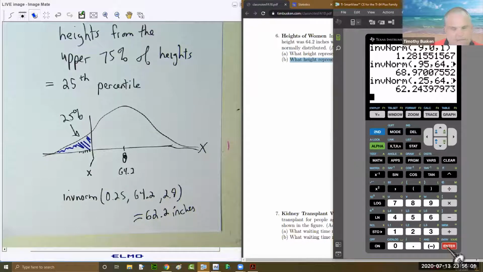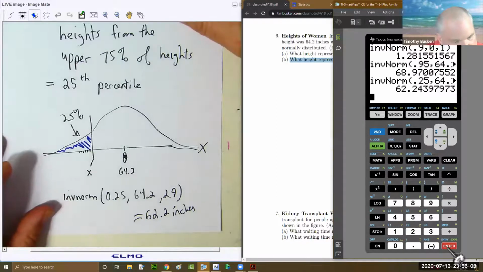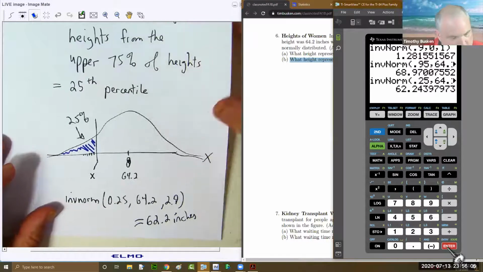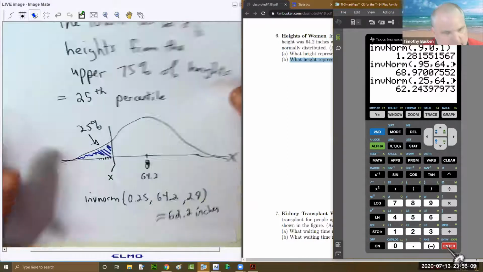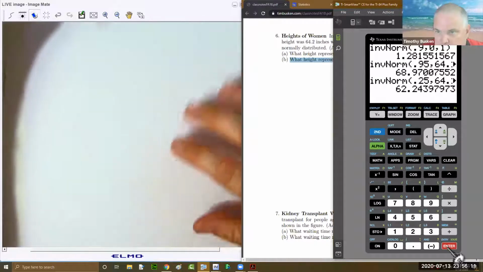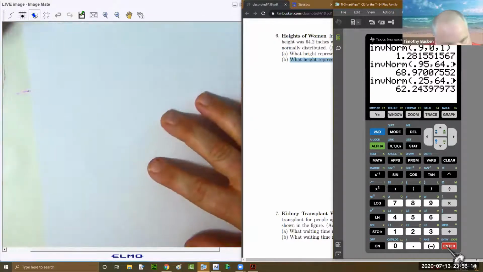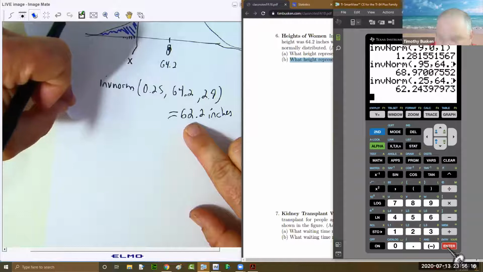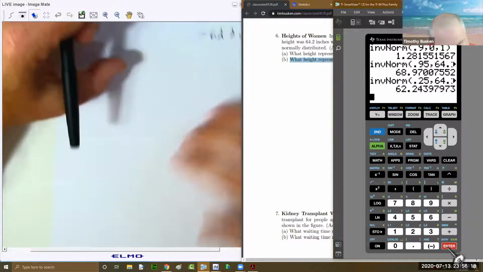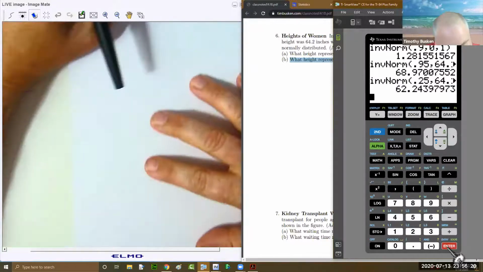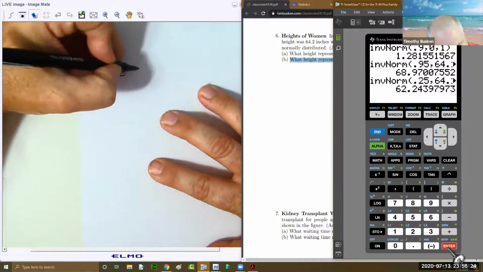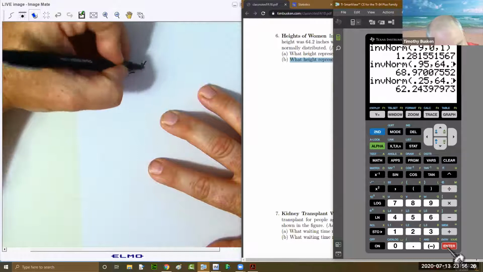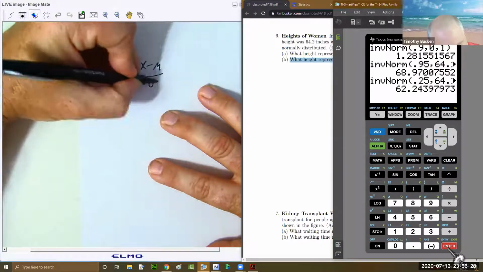So if you had to do the same problem the way the book tells you to do it, here's how that would go. I wouldn't do the problem this way, but if you had to get 62.2 inches here, you use the z-score formula. And we know that that looks like this.